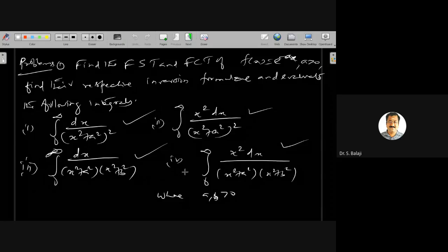Subdivision number 4, integral 0 to infinity x square dx divided by (x square plus a square) into (x square plus b square). In all the 4 subdivisions, a comma b values are greater than 0. Okay?